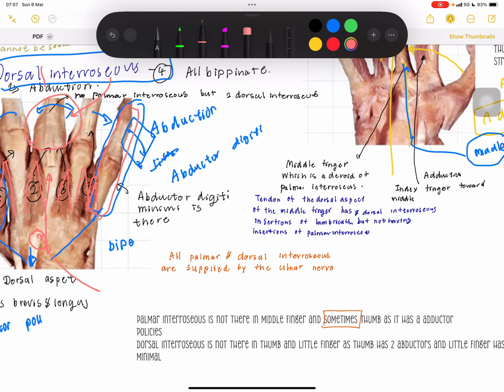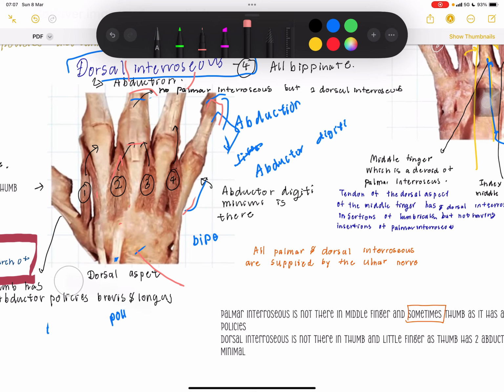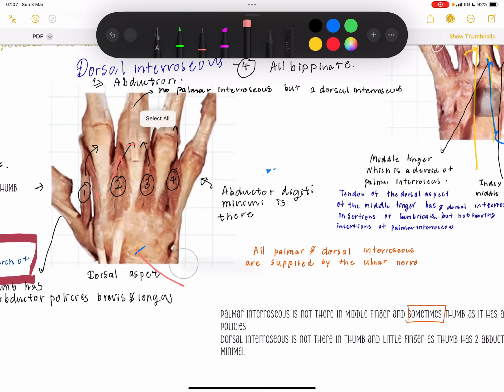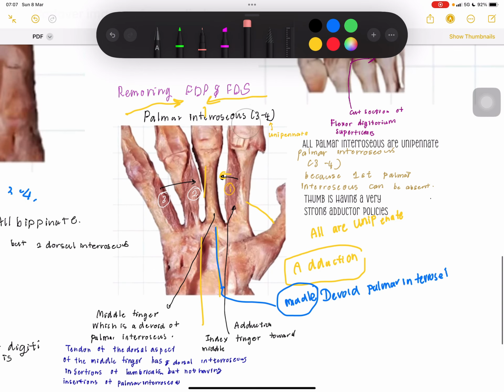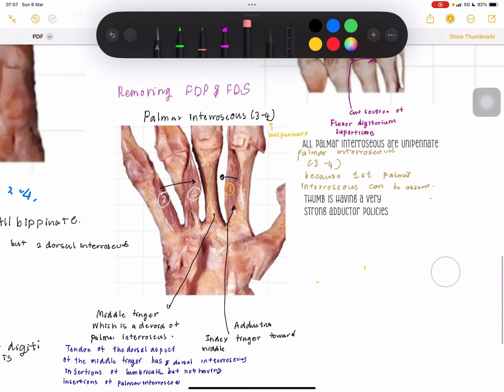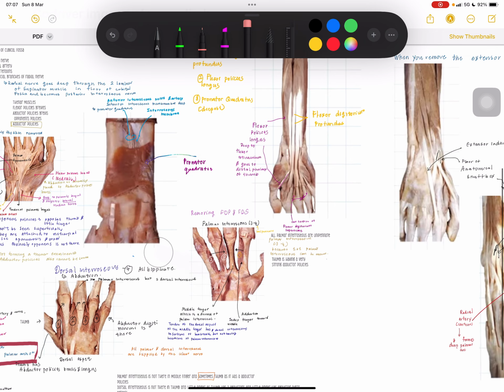So let's say we got a clinical scenario where the damage is to the little finger. They're asking us, if the damage is to the little finger, which muscle is not affected. They are giving muscles, and we have to choose the muscle that is not affected.